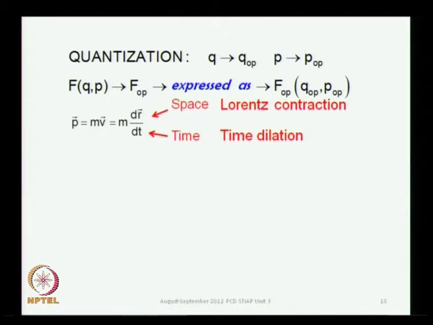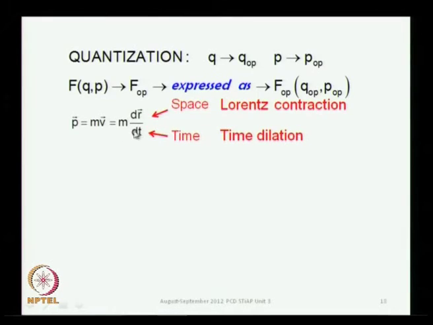Time undergoes dilation, and space undergoes contraction. Now, these are the upshots of the special theory of relativity. So, obviously, we are going to need some special effort to deal with the velocity, and then it will have consequences on how we define the momentum, and furthermore on how we would quantize it.